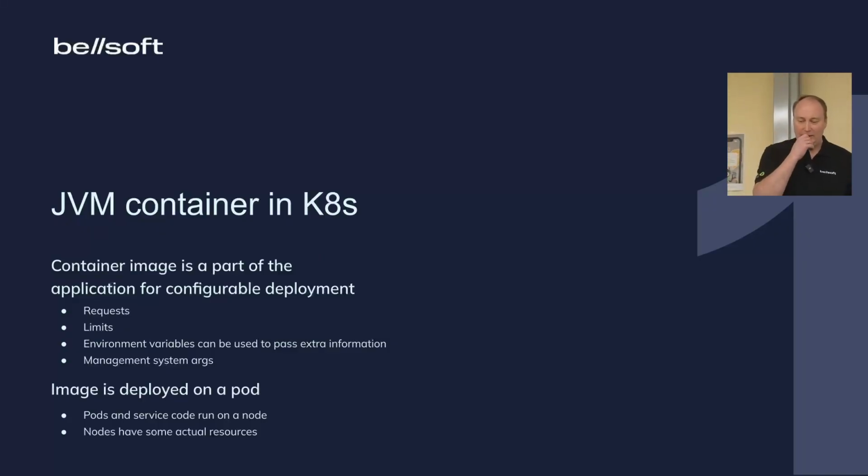So we take our JVMs, our container images with JVMs, and run them as containers in some pods in Kubernetes. And we regulate that deployment, or maybe it depends on who we are, like we as developers or we as operations, right? We do it differently.